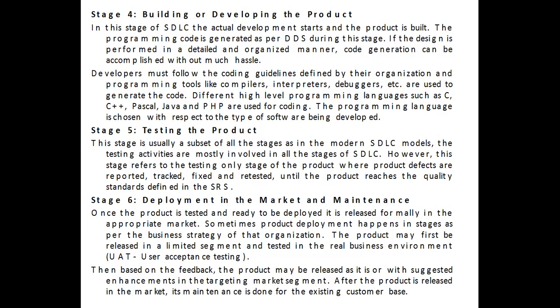Now we will study the fourth phase of the SDLC life cycle, that is building or developing the product. Whatever design is selected, we are implementing that design with the help of code. In this stage of the software development life cycle, the actual development starts and the product is built.